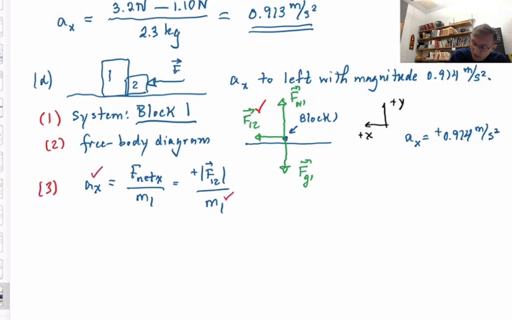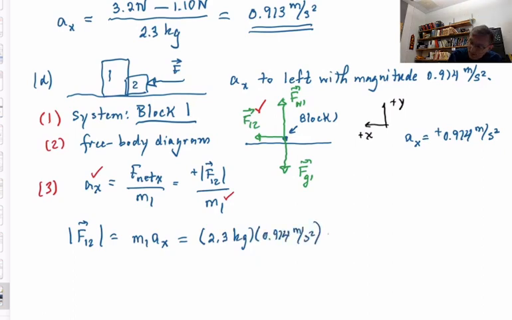So I solve for F12 algebraically. F12 equals m1 times a sub x. Notice it's F12 that is responsible for block 1's acceleration. And block 1 has more mass than block 2, doesn't it? M1 is 2.3 kilograms. A sub x is 0.914 meters per second squared. You multiply that out, you get 2.1 newtons.